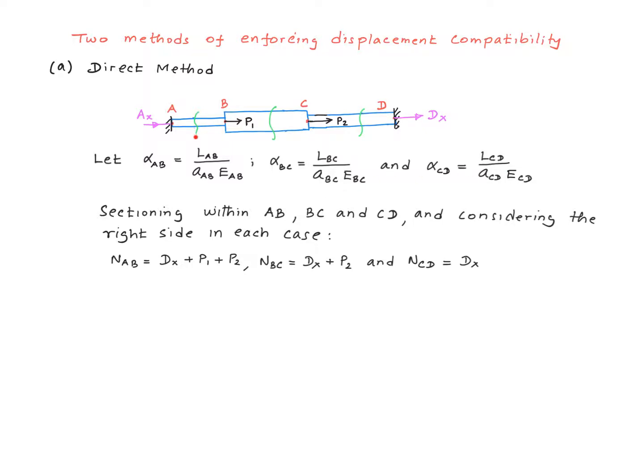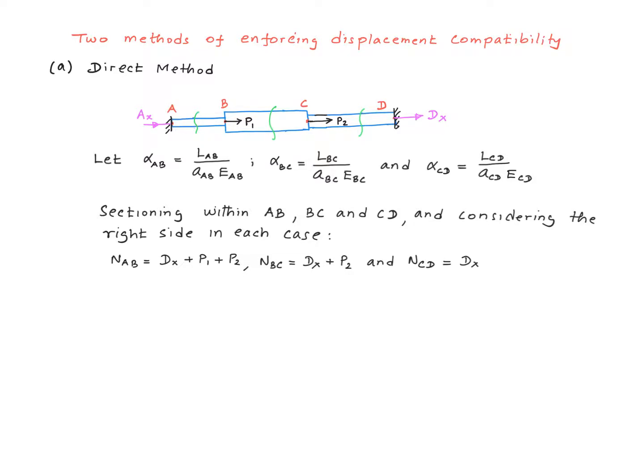Now sectioning within each of these segments AB, BC and CD and marking the internal forces as tensile forces, we get these for the internal forces in these segments. For example, if I section it over here and mark the internal forces as tensile force, your NAB is going to be directed to the left, right.